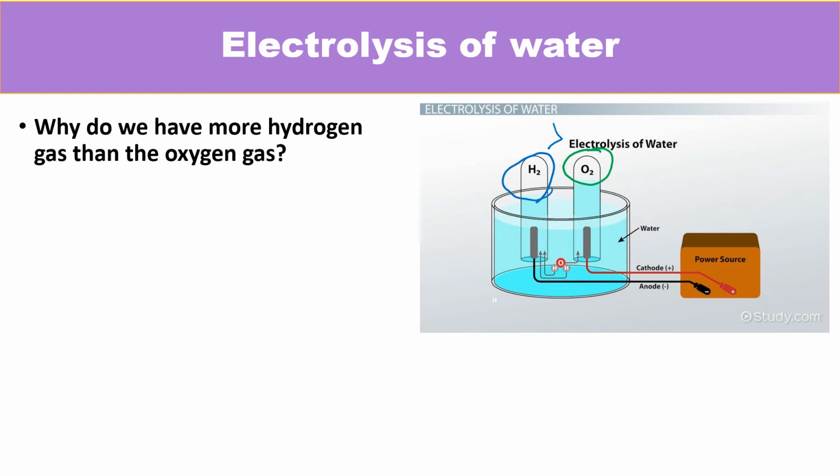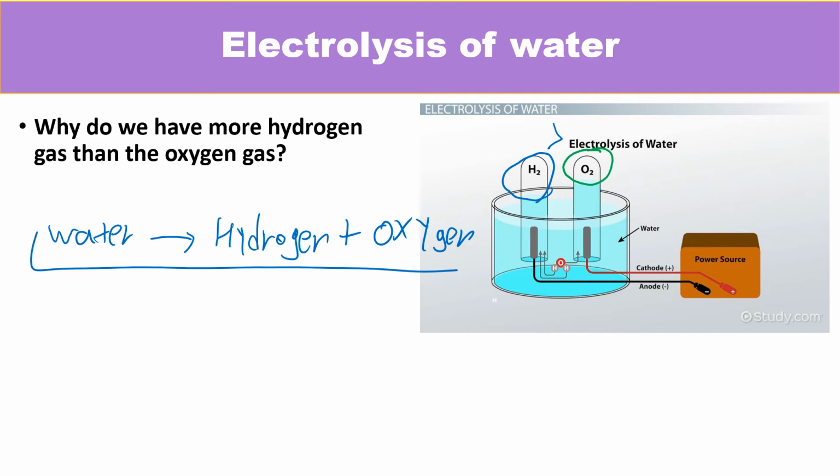There are two explanations, one grade 9 explanation and one grade 10 explanation. I'm going to go through both. First of all, water. If it's separated, you know that one of them is hydrogen, another is oxygen. This is a word equation. What I'm writing in blue is the grade 9 explanation.